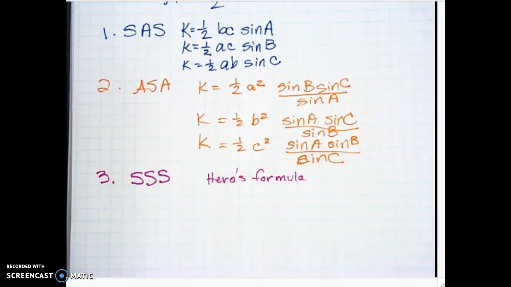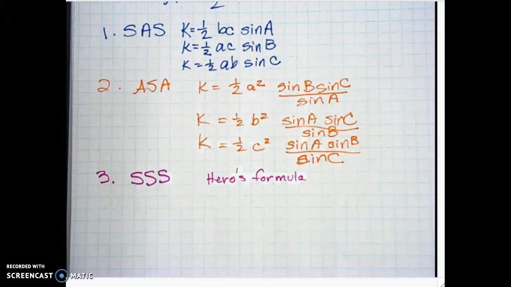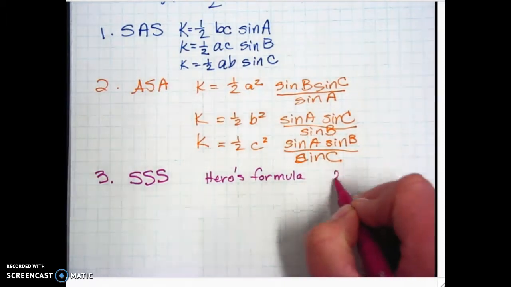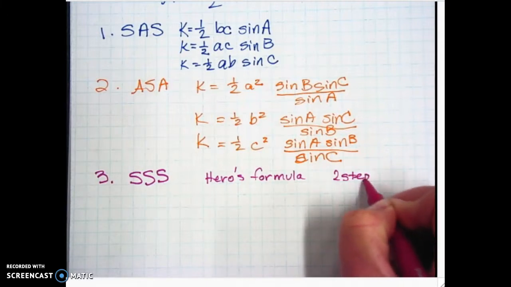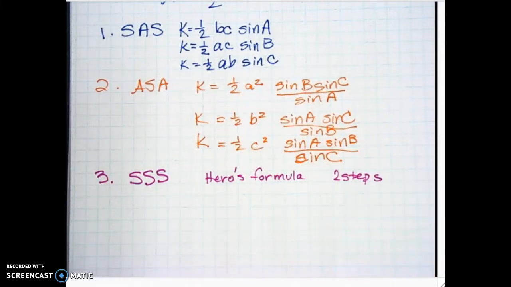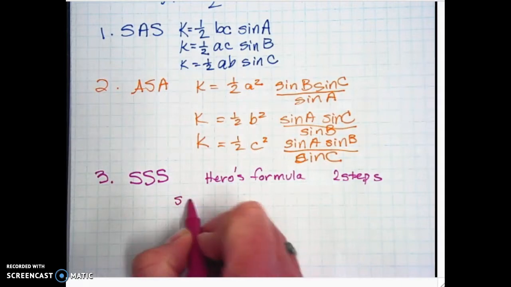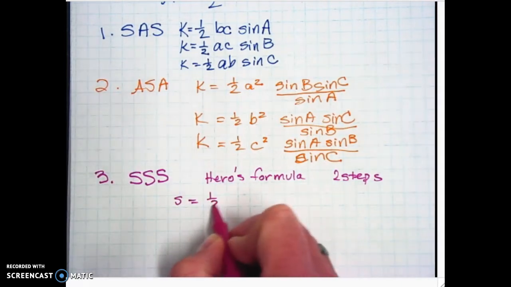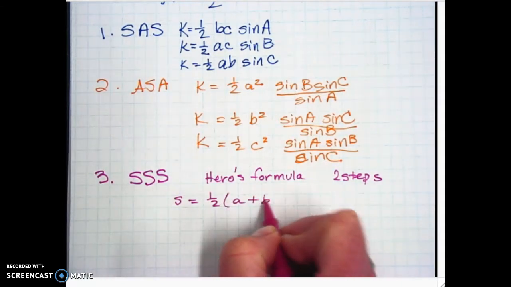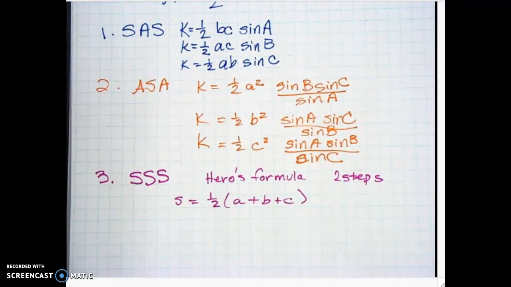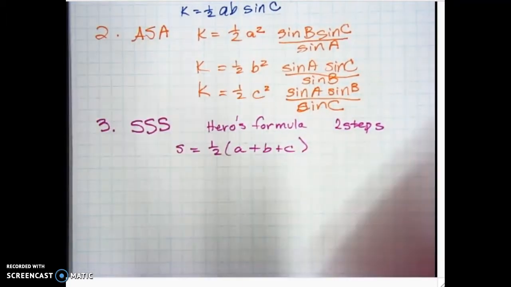I've also seen it with an N, like Heron's formula, and it's two steps. First, you need to figure out S, and you get S by saying 1/2 A plus B plus C. You add the three sides together and divide by 2.